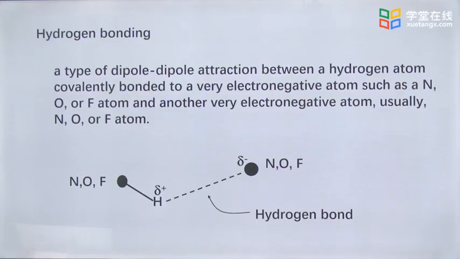Hydrogen bonding is another type of dipole-dipole attraction between a hydrogen atom covalently bonded to a very electronegative atom, such as a nitrogen, oxygen, or fluorine atom, and another very electronegative atom, usually nitrogen, oxygen, or fluorine.